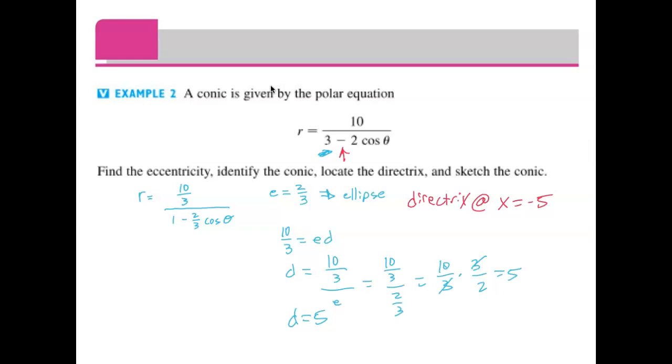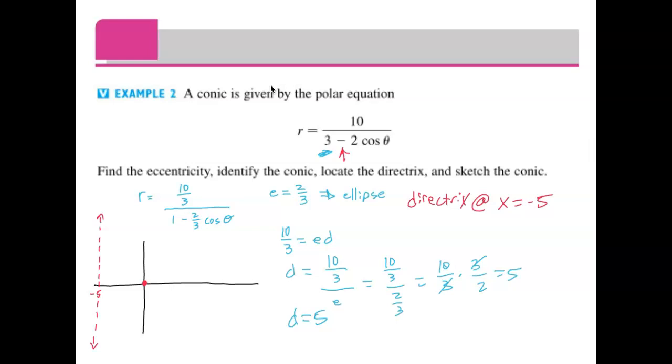All right, so we can sketch it in the calculator, but how would we sketch this by hand? The focus is at the origin. Our directrix is at x equals -5. And we're in polar form.